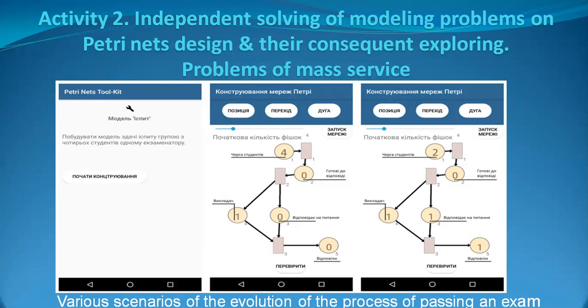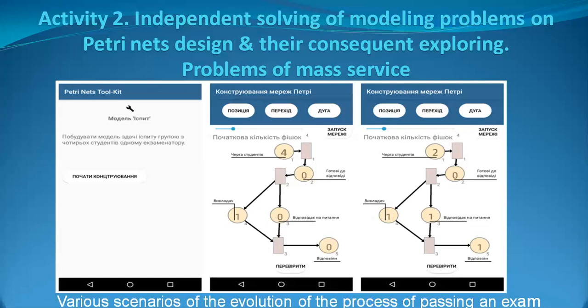The problem may be formulated in such a way to build a model of passing an exam by four students to a teacher. In order to solve such a problem and to design a proper net, the trainees have to detect themselves how many places and transitions they will need, how to join them, what the role of the initial marking is, etc. Students design the net using the instruments of our mobile toolkit.